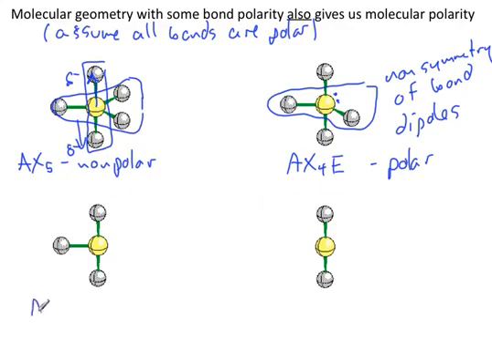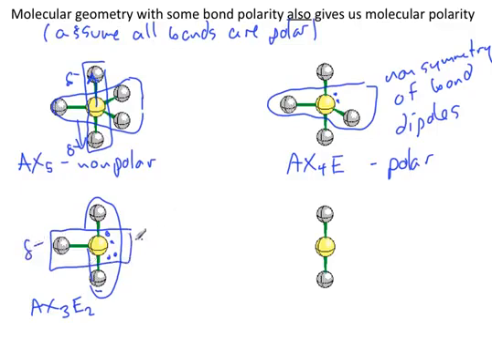And so that carries through to the next shape we see with the steric number of 5, and that's AX3E2, and that's T-shaped. And so T-shaped, I now have two lone pairs around the central atom. If you look, I still have this linear component, which would still be nonpolar, but now I have definite polarity here.